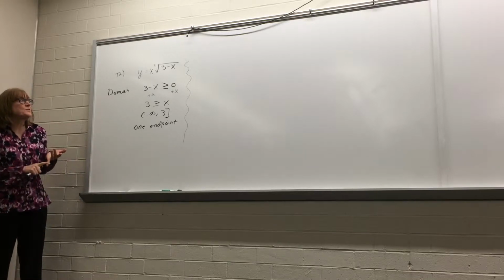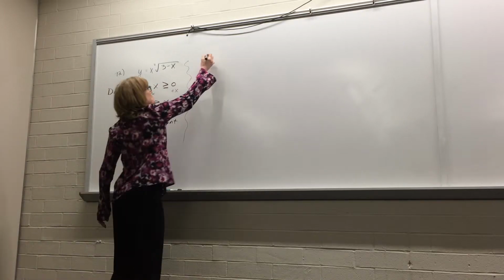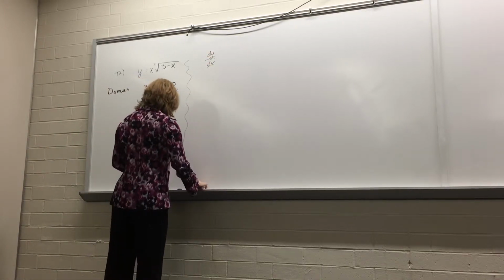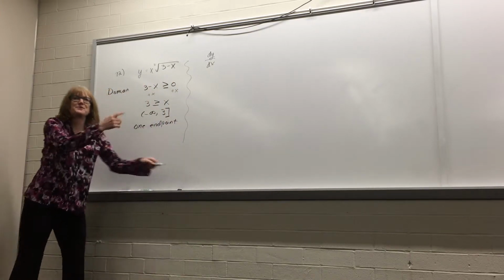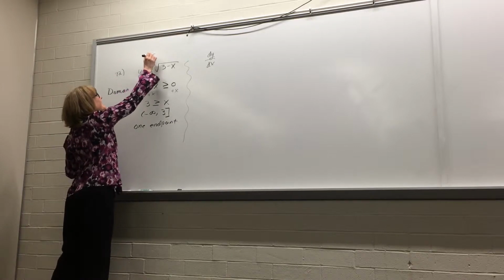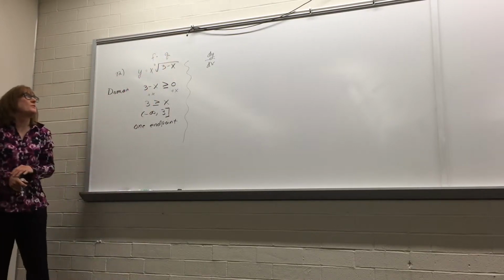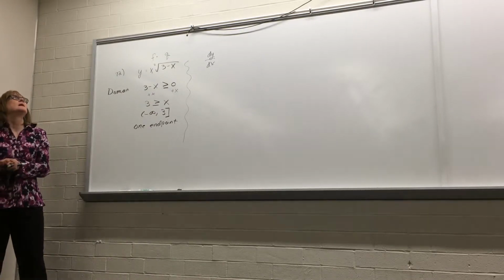We need to take the first derivative. We'll set it equal to 0 and see where it does not exist. So first derivative. First of all, we do have a product, so we will be using the product rule.